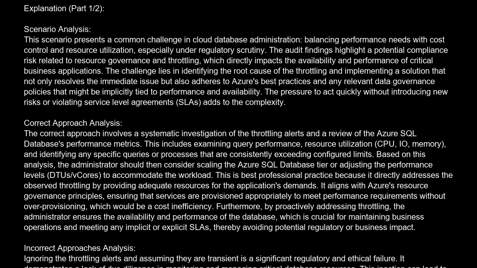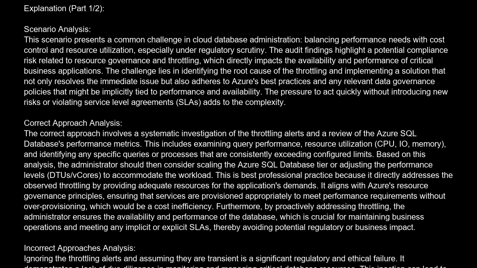Explanation. Scenario analysis. This scenario presents a common challenge in cloud database administration, balancing performance needs with cost control and resource utilization, especially under regulatory scrutiny. The audit findings highlight a potential compliance risk related to resource governance and throttling, which directly impacts the availability and performance of critical business applications.